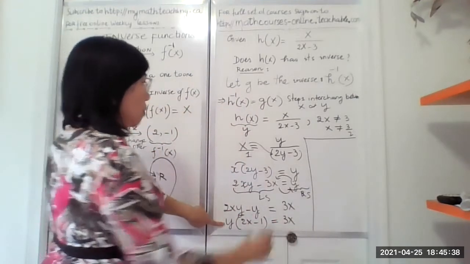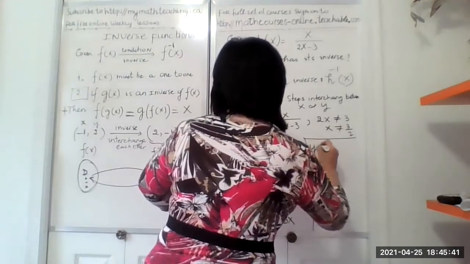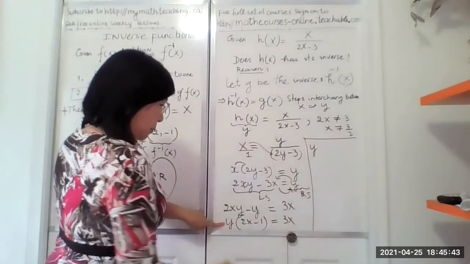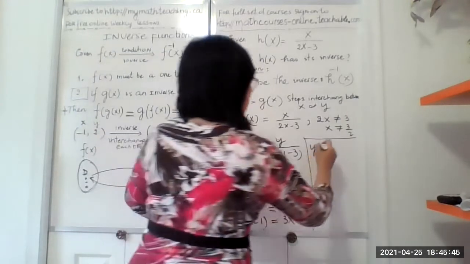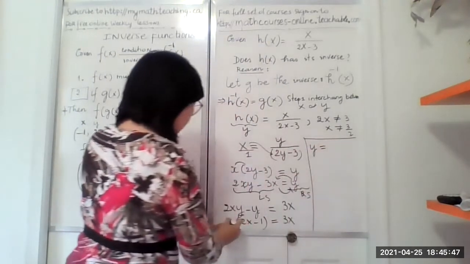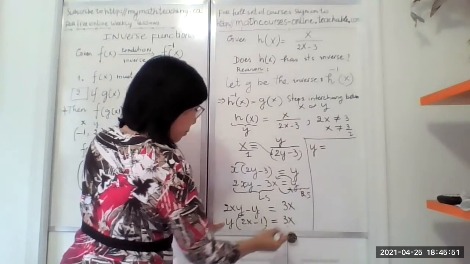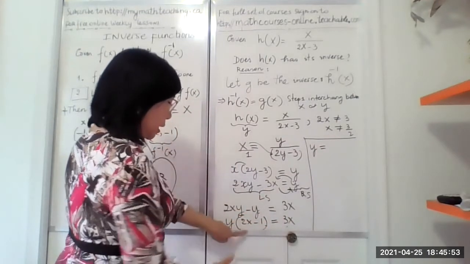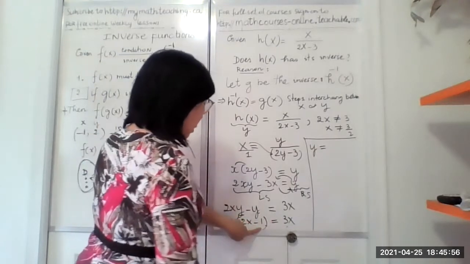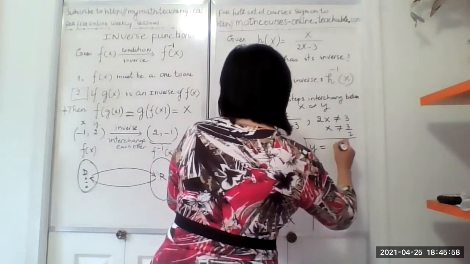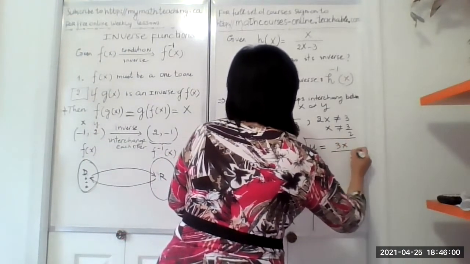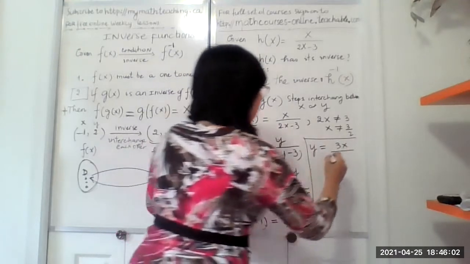So now to solve for y, I just have to divide both sides by 2x minus 1, right? To isolate the y, I kick this over, multiply becomes divide, or just say divide both sides by 2x minus 1. So then y will be equal to 3x divided by 2x minus 1.